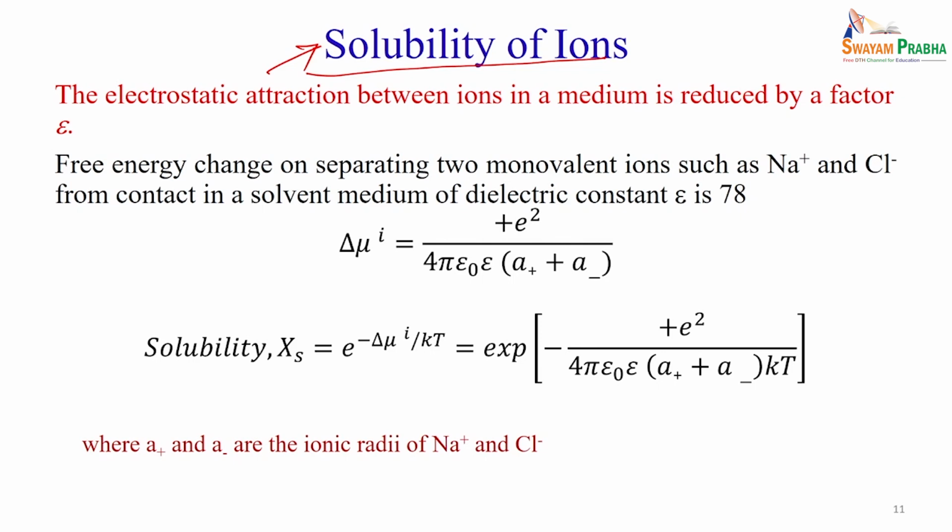Can we predict the solubility of ions based on the intermolecular interactions? Here again we are going to take the same example of NaCl. For NaCl, if you remember, the interatomic distance was 0.276 nanometer.